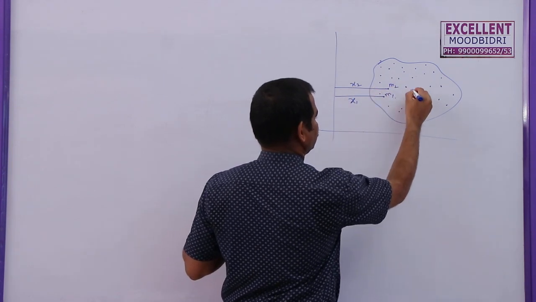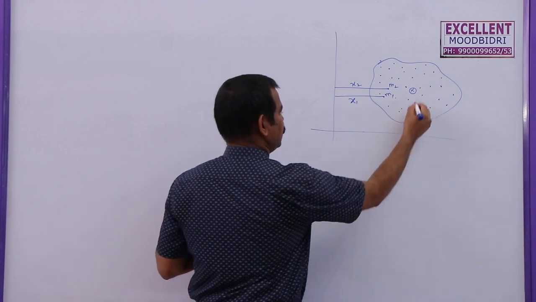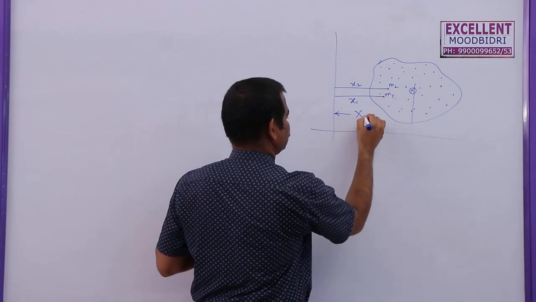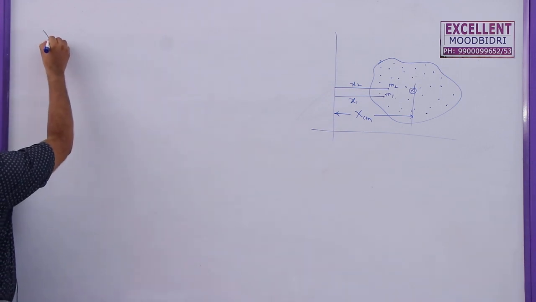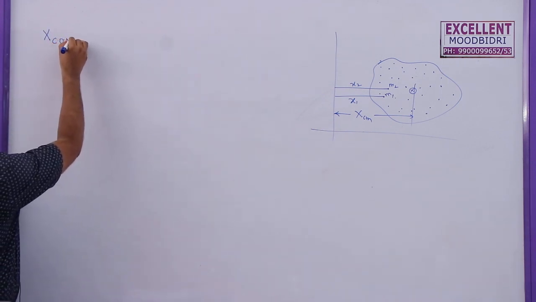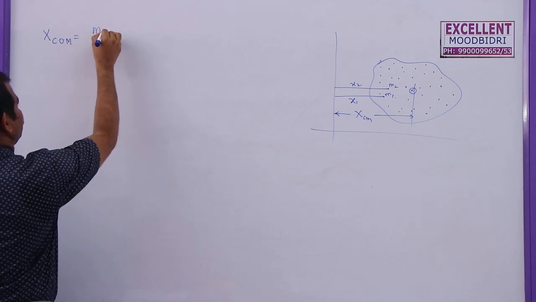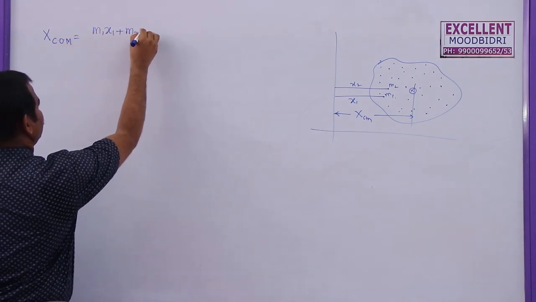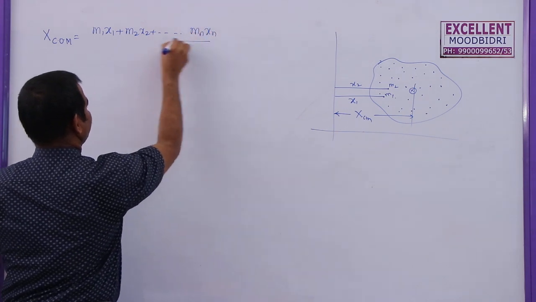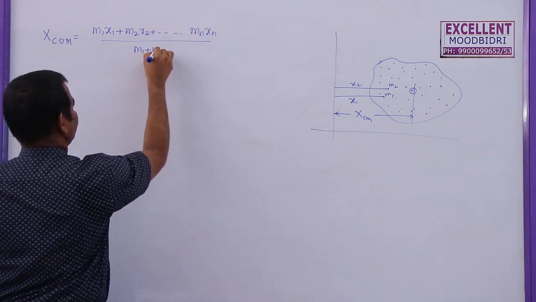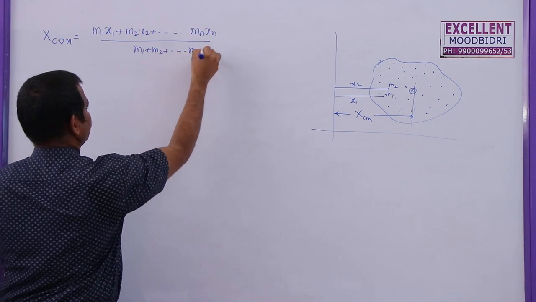Let us say the center of mass for this one is somewhere here. So, this I call as xcm. What is the x coordinate of the center of mass? It is given by m1 x1 plus m2 x2 and so on, mn xn, by m1 plus m2 and so on, mn.